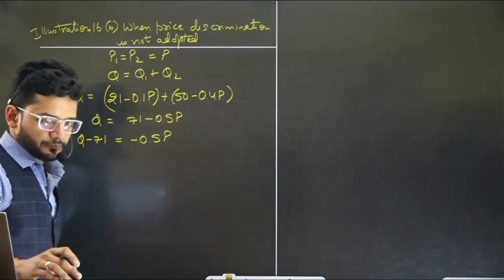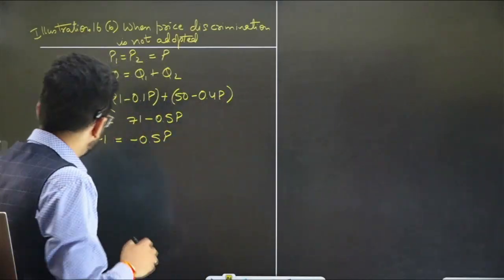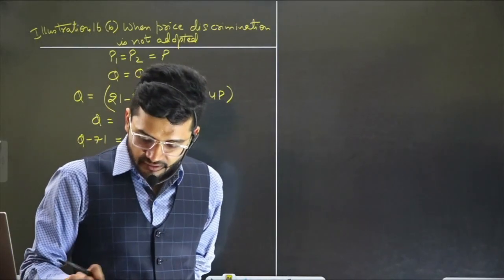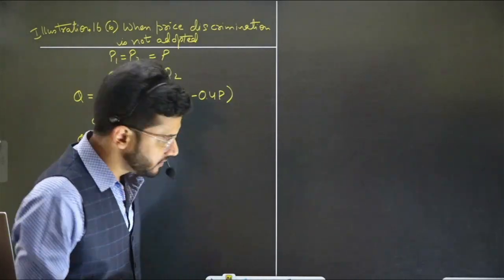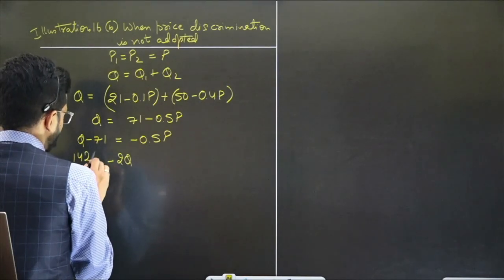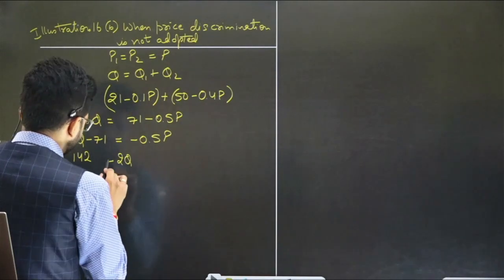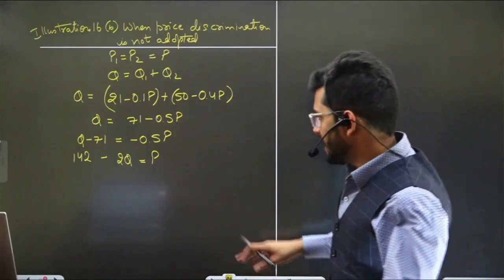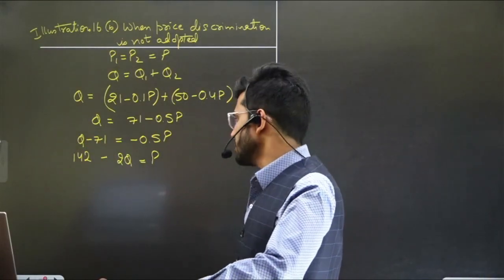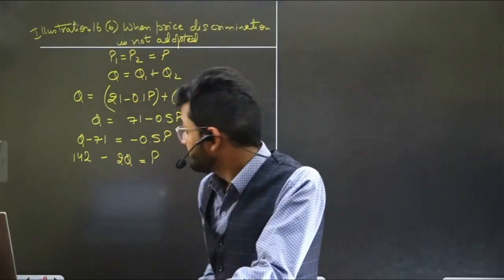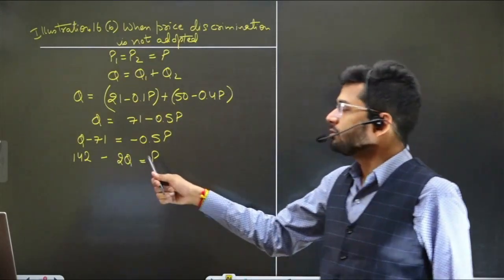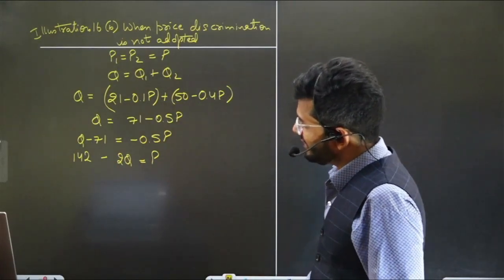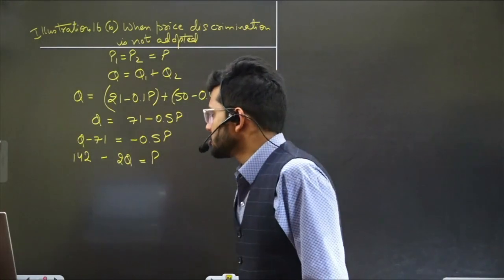I'll put it in the denominator: 1 divided by 0.5 is 2, so it becomes minus 2Q, and 71 divided by 0.5 is 142. Minus becomes plus. So 142 minus 2Q is equal to P. I have computed the function of P.